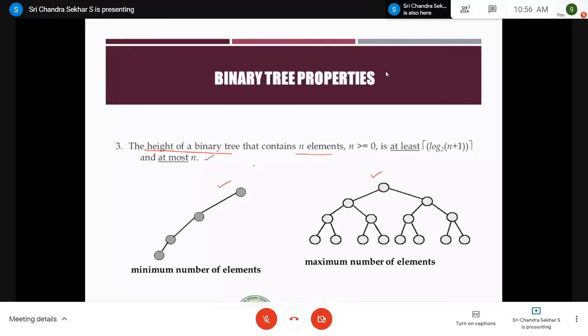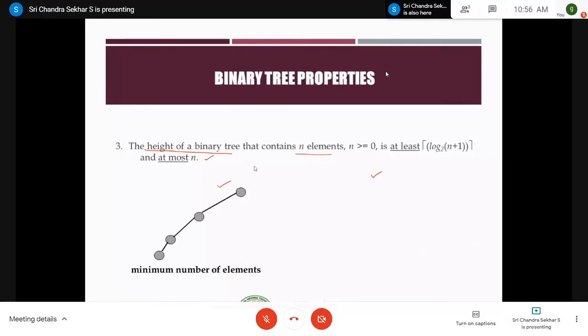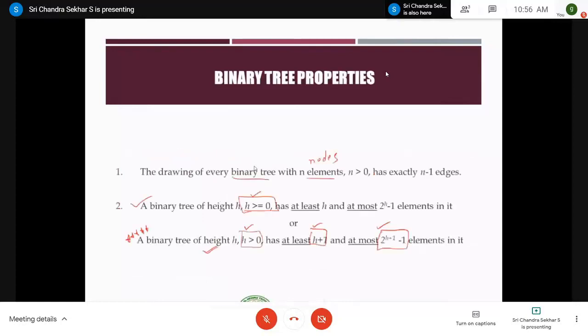In the second property, we are giving a relationship between the height h and the number of nodes. In the second property, we are giving the correlation between the height and the number of elements.